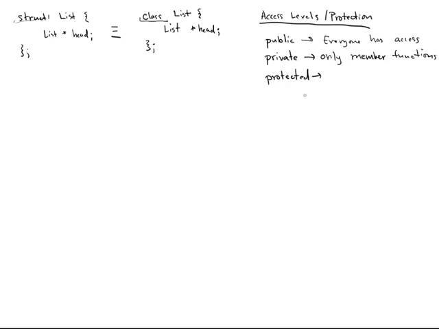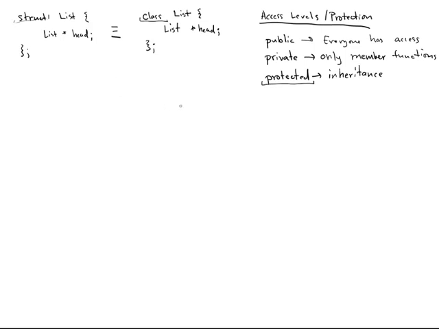And protected, I just wanted to throw up here because you'll see this a lot when you're looking at code. But this has to do with the visibility for inheritance, which we will be talking about later. So don't worry too much about this. I just wanted to show you that way if you see it, you know, hey, what's that? Well, it's one of the access levels that we can use to hide our code.